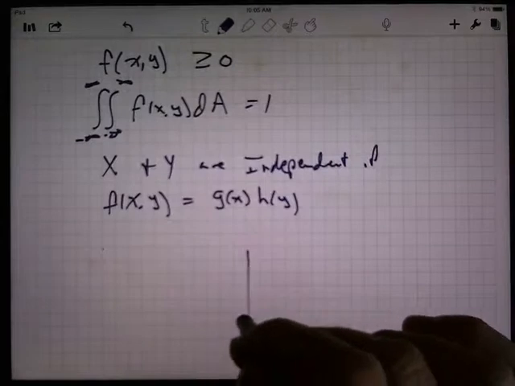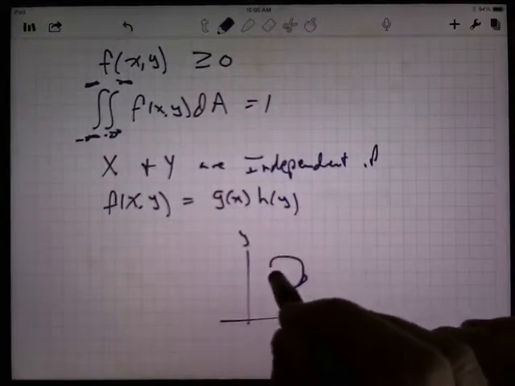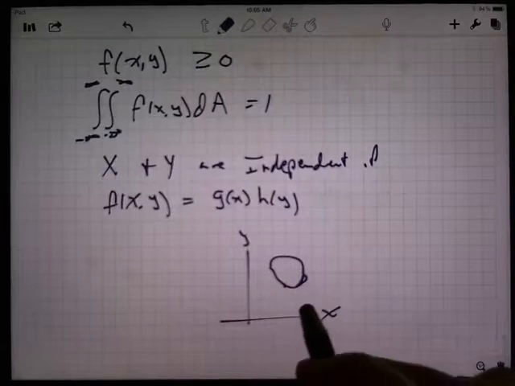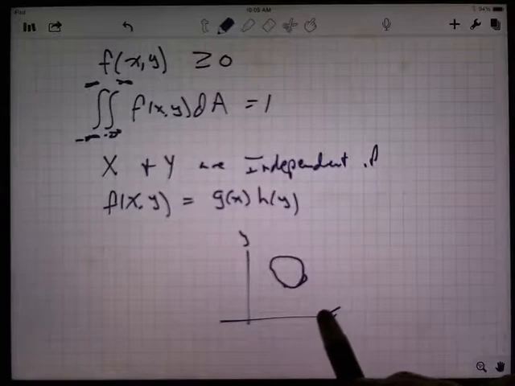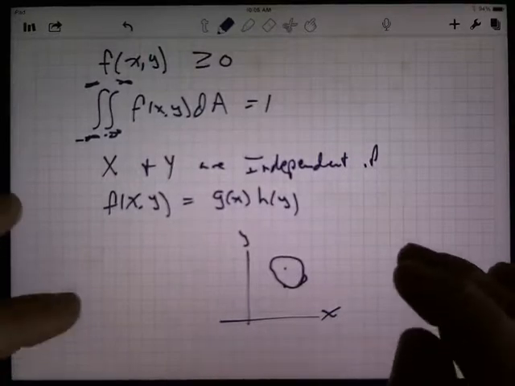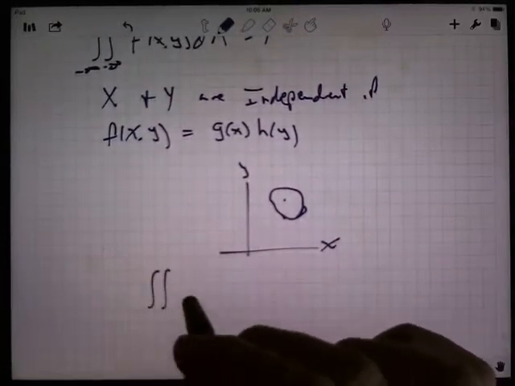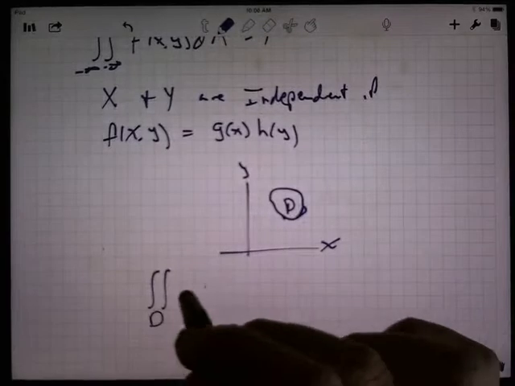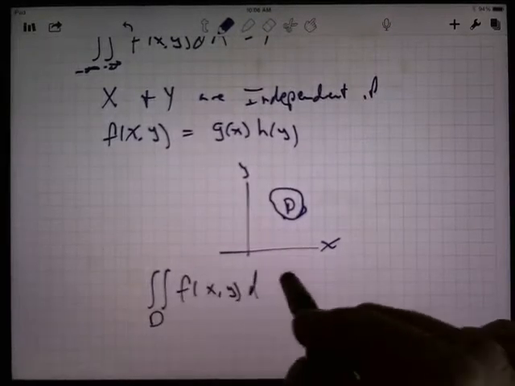So you're in the xy plane, describing a region of stuff. And you say, when I randomly choose x and y, what's the probability of landing in that region? Okay. And the probability will be the double integral over this region D of the probability distribution function dA. Okay.